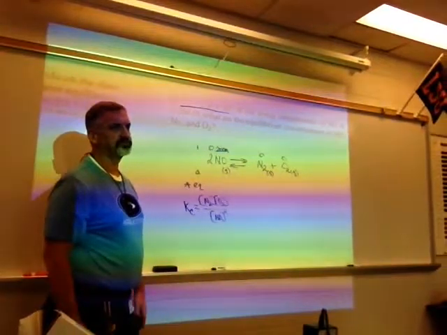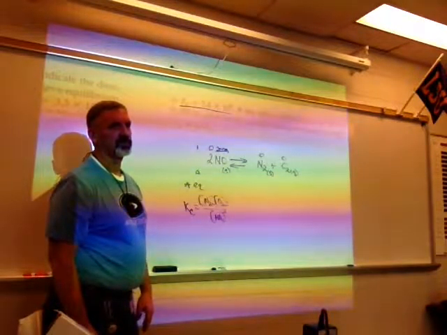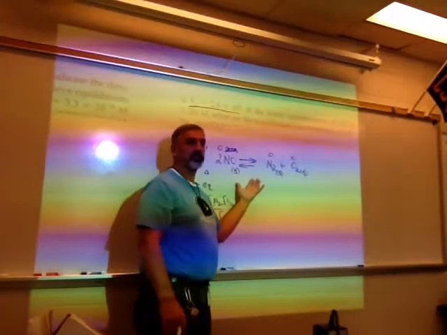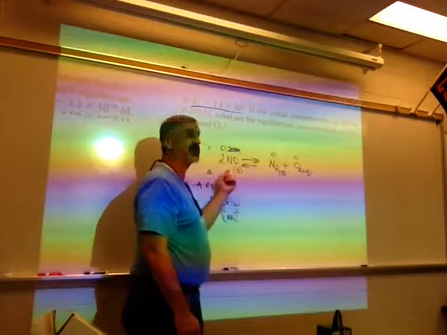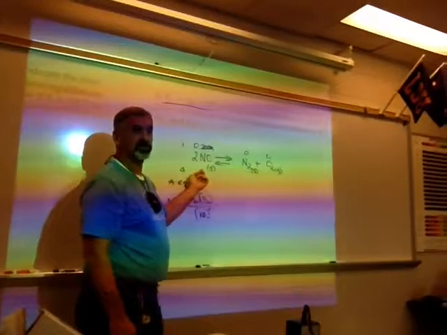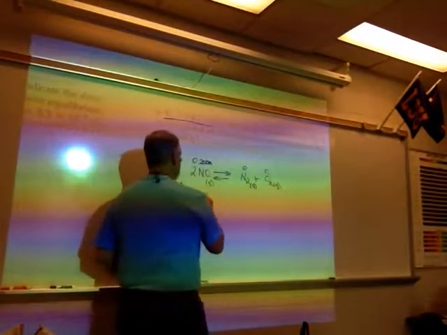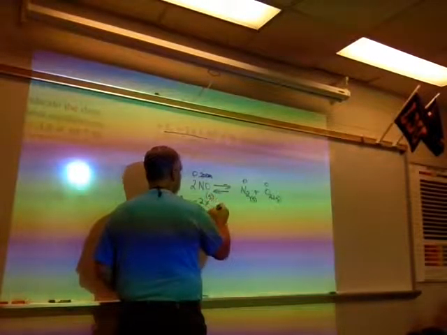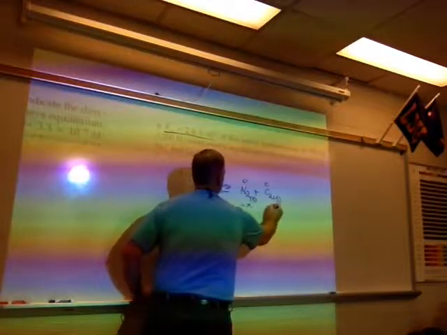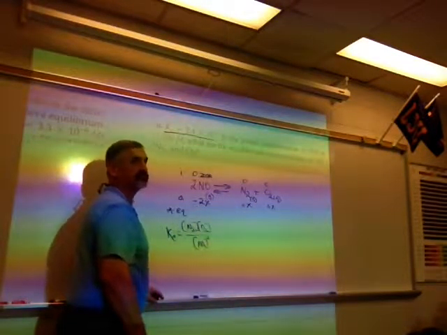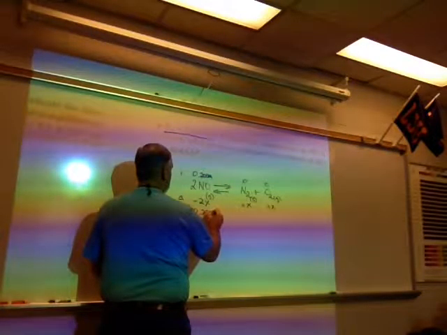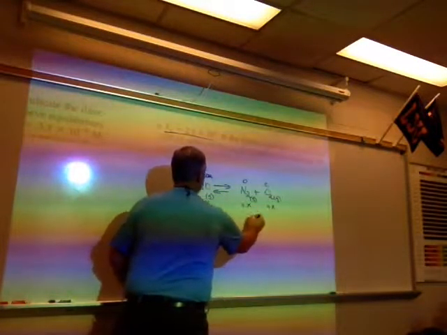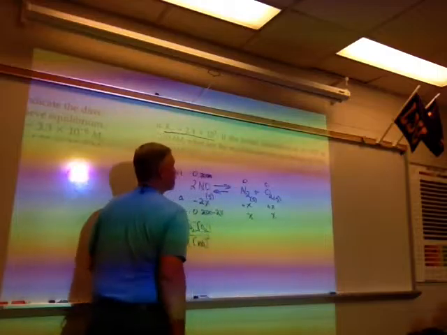We don't really know. But what we do know is for every one of these that is formed, one of those is formed, and for every one of these formed, how many of these disappear? 2. So we can say minus 2x, plus x, and plus x. Therefore, at equilibrium, we have 0.2 minus 2x of this, x of that, and x of this.